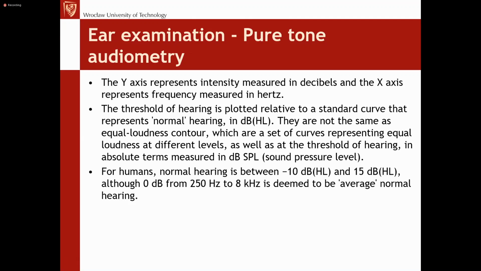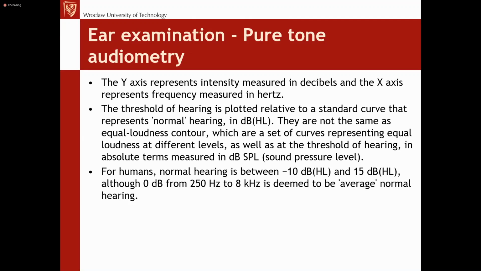So dB HL are not the same as dB SPL and the resulting equal loudness curves, which are a set of curves representing equal loudness at different levels and expressed in sound pressure levels, decibels.